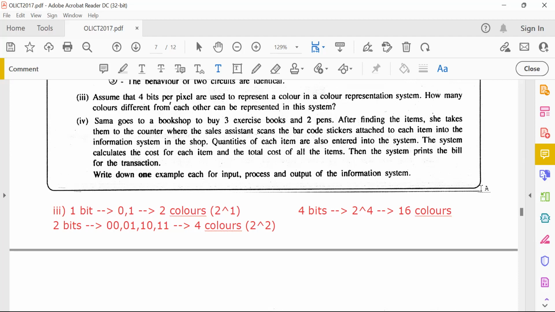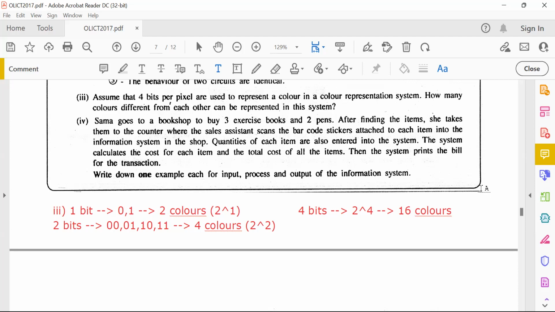Quantities of each item are also entered into the system. The system calculates the cost for each item and total cost of all the items. Then the system prints the bill for the transaction. Write down one example each for input, process, and output of the information system.